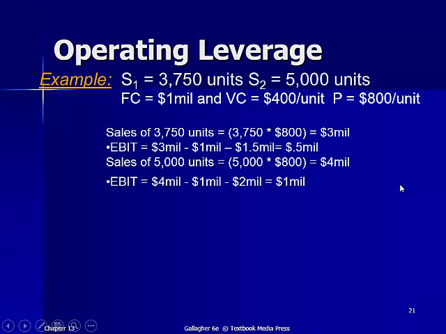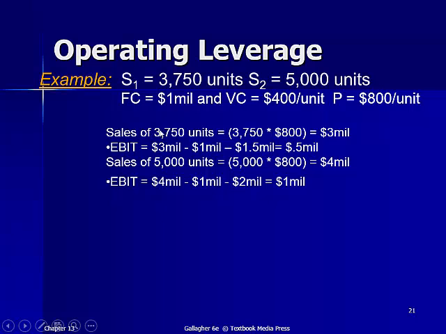So here's our company with the 3,750 units being sold in year 1, and they're predicting 5,000 units to be sold in year 2. Here is the cost structure that was alluded to earlier. $1 million in fixed costs, $400 per unit variable costs, $800 per unit in sales price.